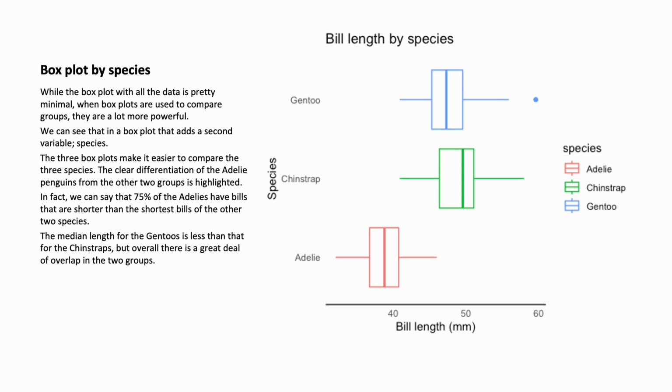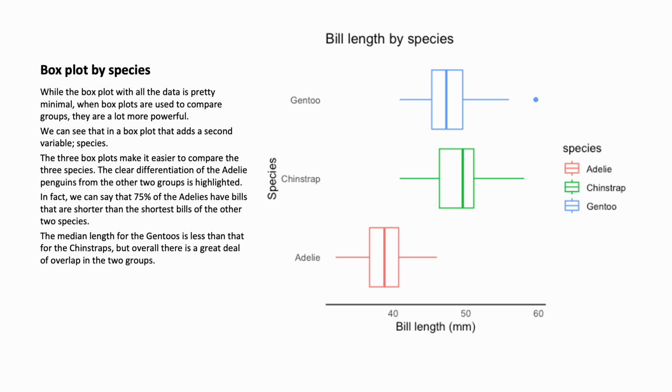Because the right-hand edge, the upper edge of the block for the Adelies represents 75% of that species, and the left-hand lower edges of the blocks for the Gentoo and chinstraps represents either the bottom 25% or the upper 75%.